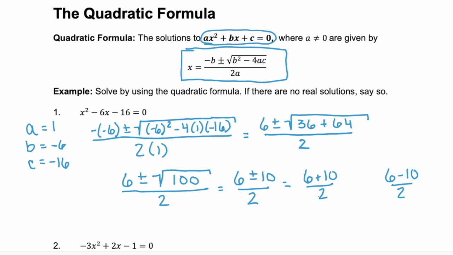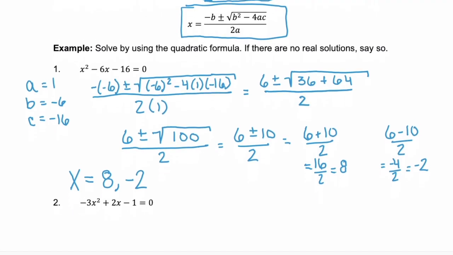Well, 6 plus 10 over 2 is 16 over 2, or 8. And 6 minus 10 over 2 is negative 4 over 2, or negative 2. So our solution then is that x equals 8, or negative 2. Those will be our x-intercepts.